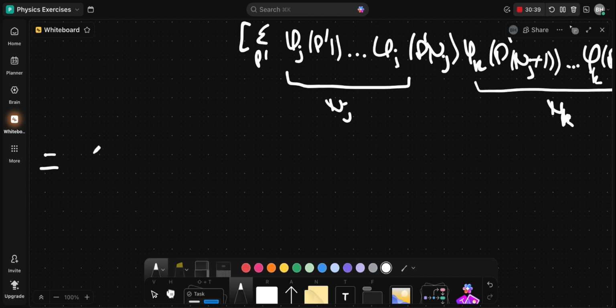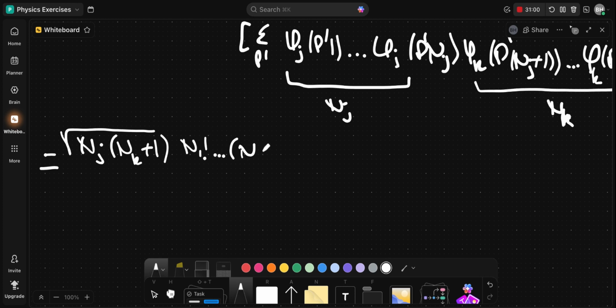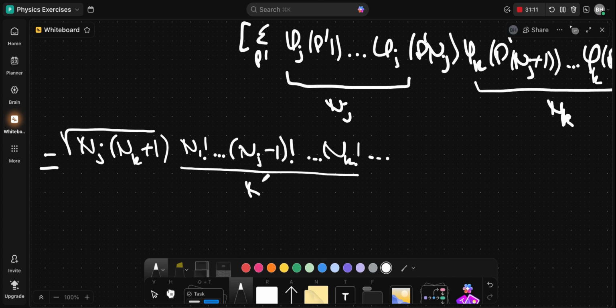So basically, I can write here nj times nk plus 1 square root. Okay, and then I can write n1, nj minus 1 factorial, nk factorial, etc., divided by n factorial.